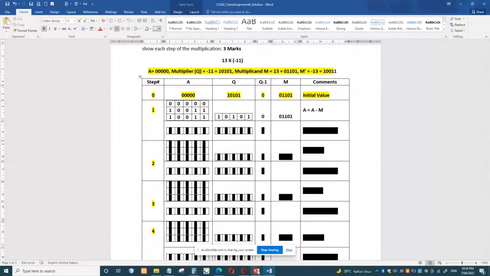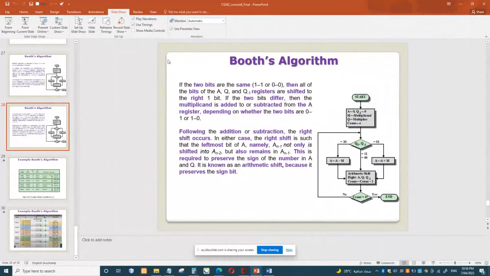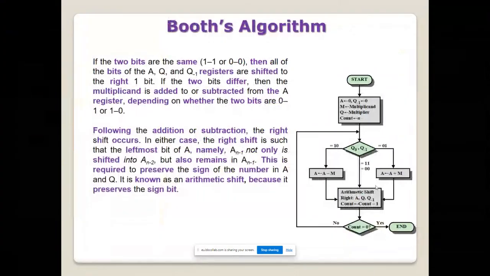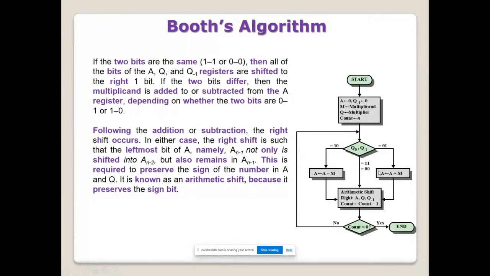Again, go back to the algorithm. Can you see it, or should I make it bigger? You can see that whether we do A minus M or A plus M, after doing any one of these operations, we also have to do the arithmetic right shift.